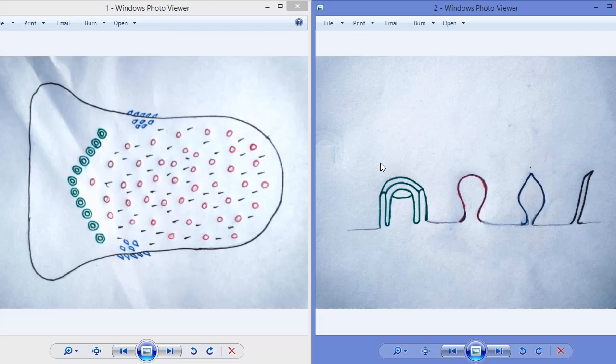The circumvallate papilla contains a large number of taste buds. The average number of taste buds in the circumvallate papilla is 100. The fungiform papilla also contains a large number of taste buds. The average number of taste buds in the fungiform papilla is 10 to 20.